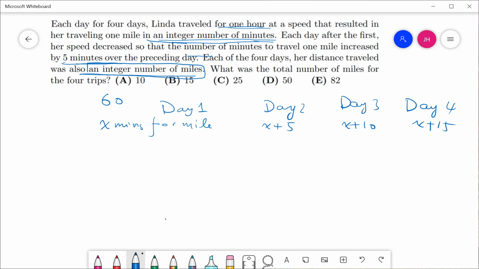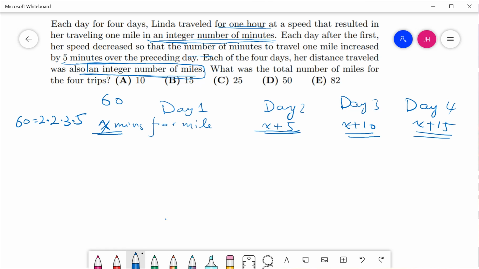So let's see, how many factors does 60 have? So 60 can be broken down to, let's see, 2 times 2 times 3 times 5. Is that right? Yes. Okay, so in order to travel an integer number of miles on each day, this X and all the following numbers, X plus 5, X plus 10, and X plus 15, have to be factors of 60.